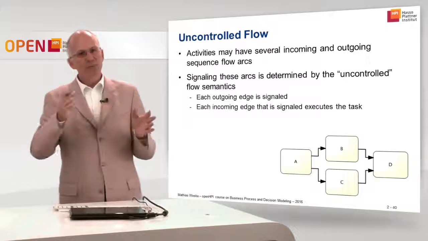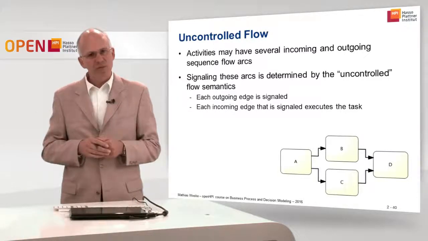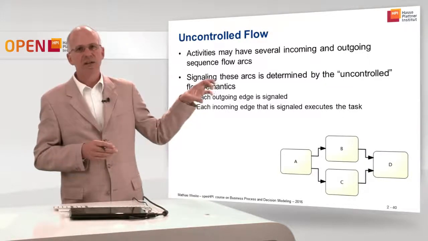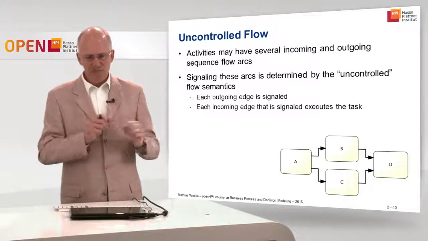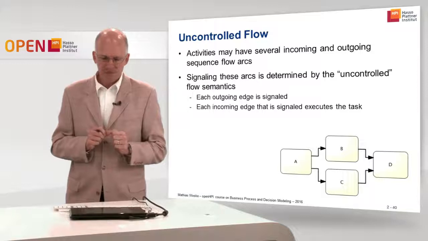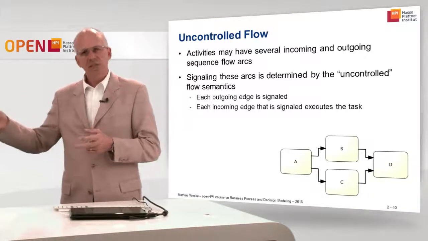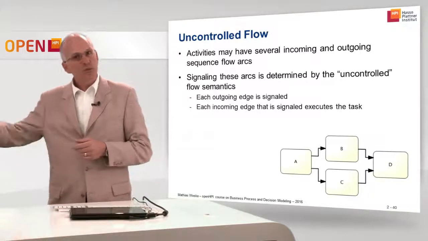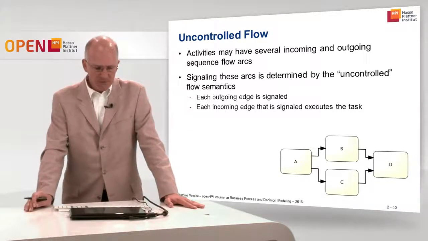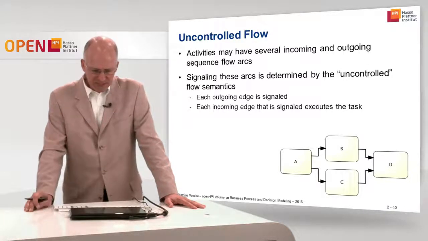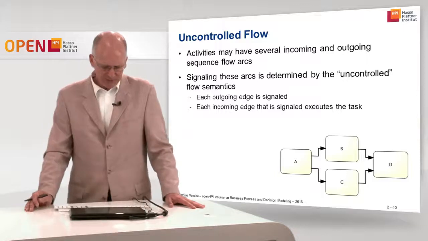And if I have normal sequences, that's perfectly what I expect. So when the previous activity is terminated, it signals the edge, I change my state to running, execute it, signal the outgoing edge, and do an uncontrolled flow to the next one in line. So that's all perfect behavior. However, if I have a structure like the one we see here on this slide, what is the execution behavior of that one?